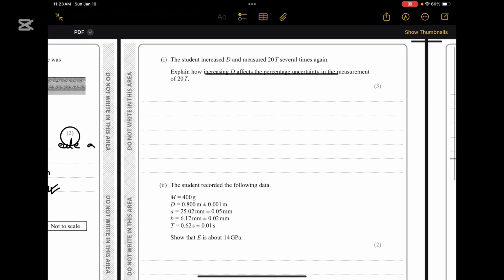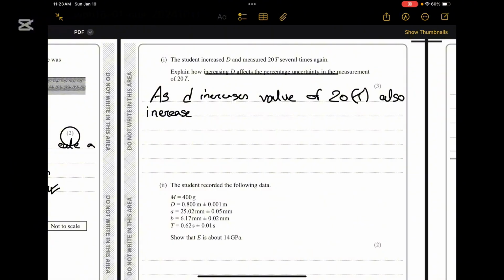So let's write it down first: as d increases, the value of 20t also increases, so the measured value increases. They have talked about the percentage uncertainty.